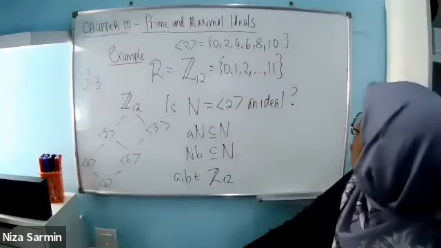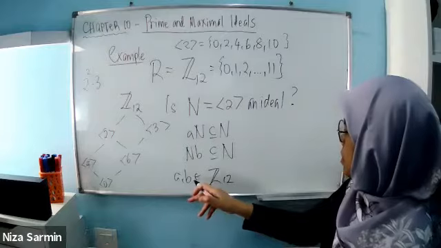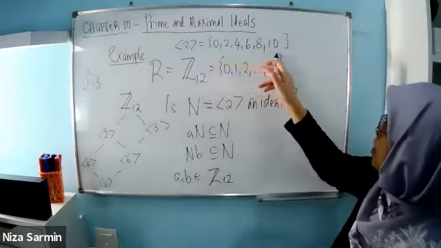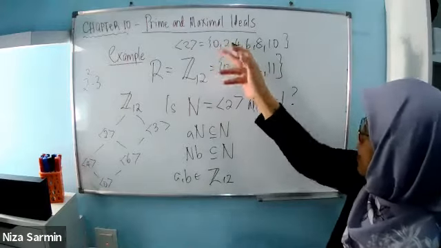If you multiply anything from Z12, if it is from here, you multiply, of course, it will be back in here.